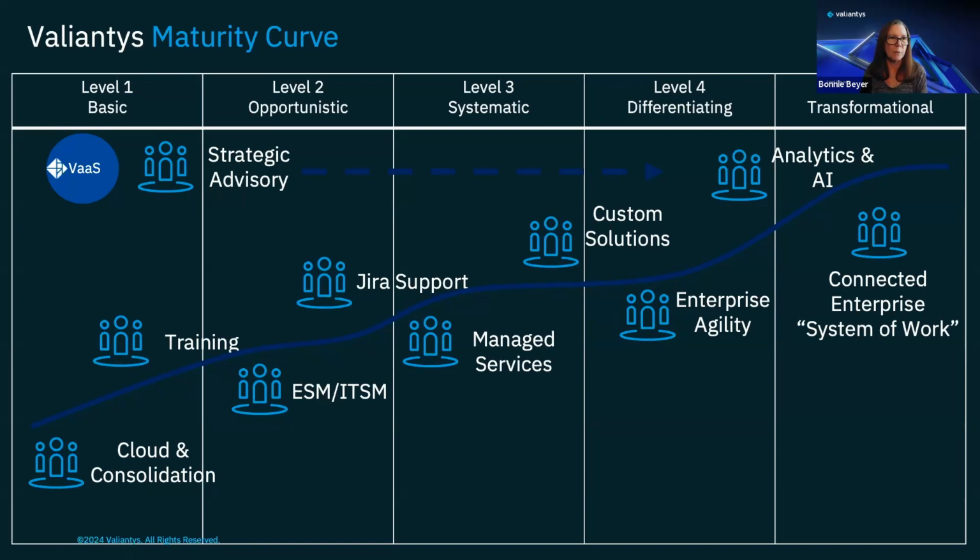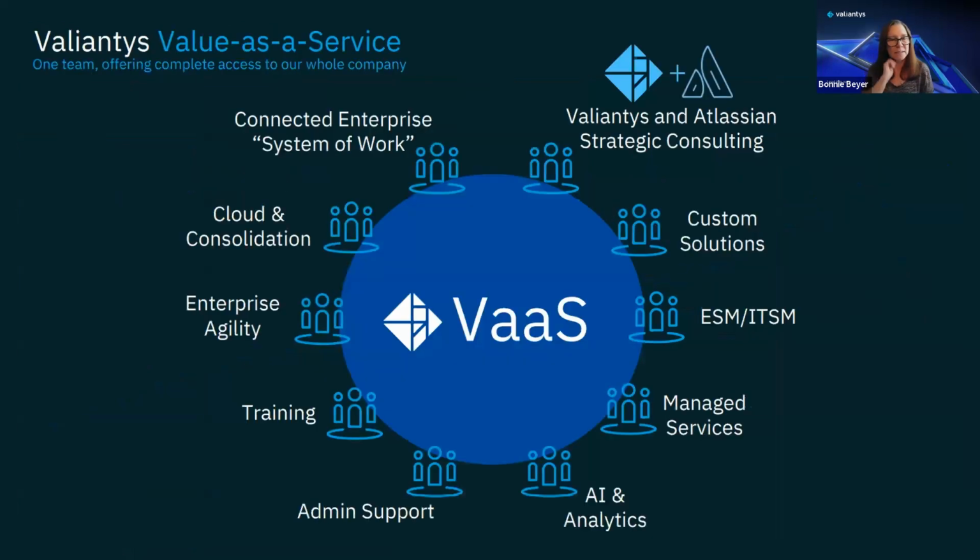To support that, what we have is value as a service. Value as a service is a strategic type of IT consulting that we provide, where we actually have somebody who's working with your leadership and with your implementation teams to understand what the company really needs as a whole to get where they want to go in 5 years.